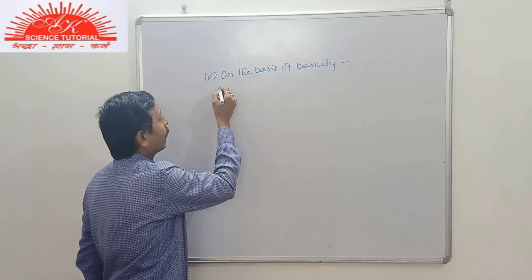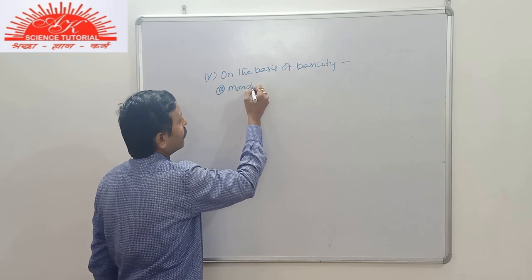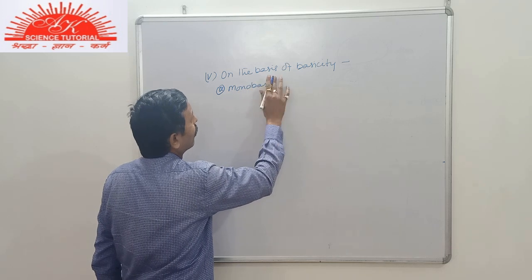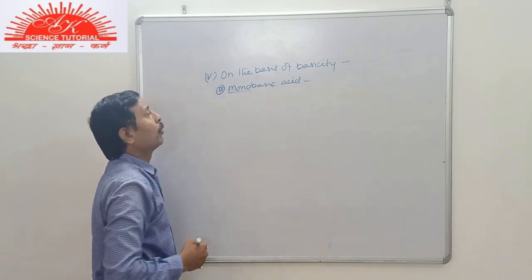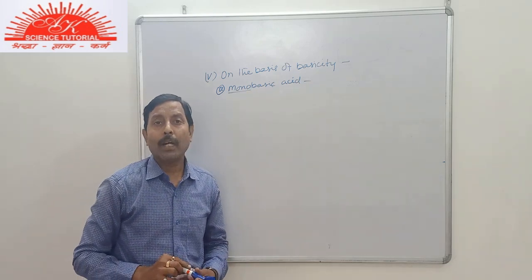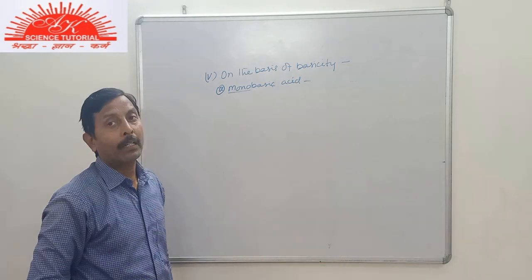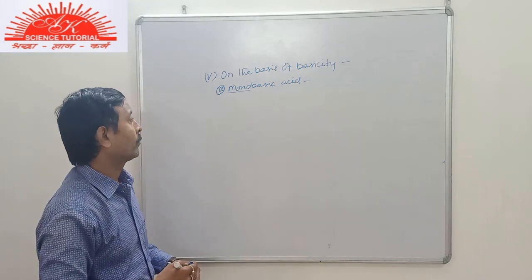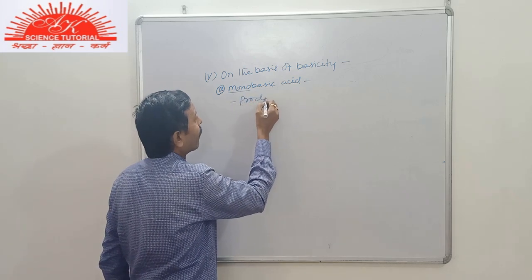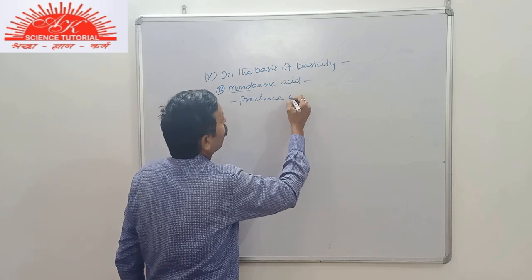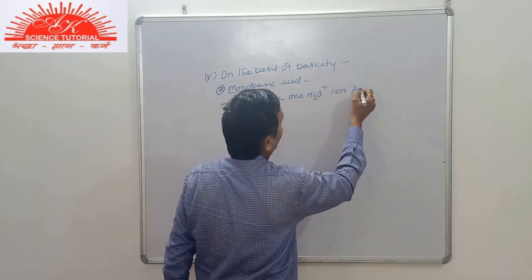Like first, monobasic acid. As the name suggests, mono means single, meaning one molecule of acid will give us only one hydronium ion when dissolved in water. Now, it produces one H3O plus ion per molecule.